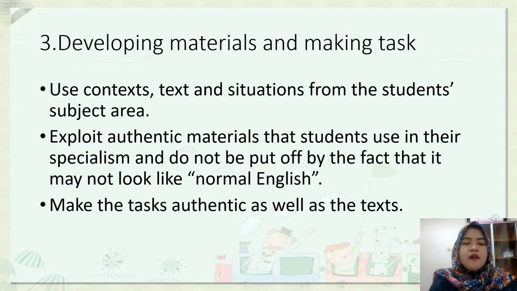Whether they are real or simulated, they will naturally involve the language the student needs. Exploit authentic materials that students use in their specialism and do not be put off by the fact that it may not look like normal English. And make the task authentic as well as the text. Get the learners doing things with the materials that they actually need to do in their work.